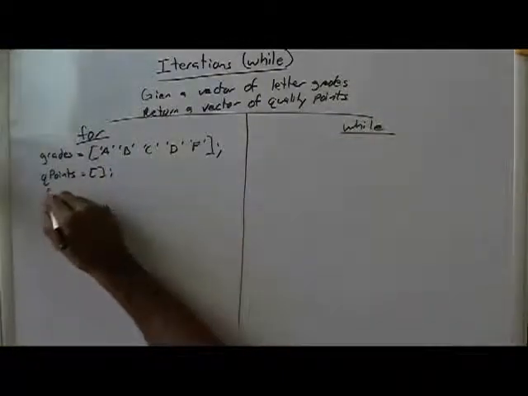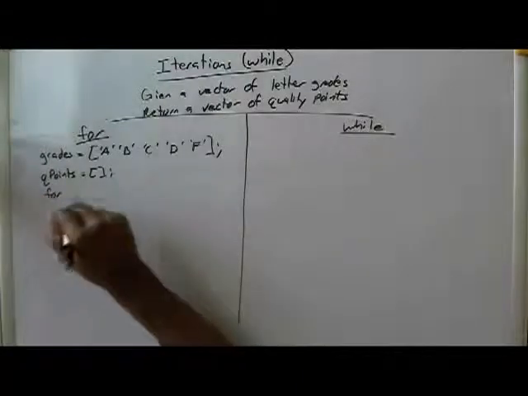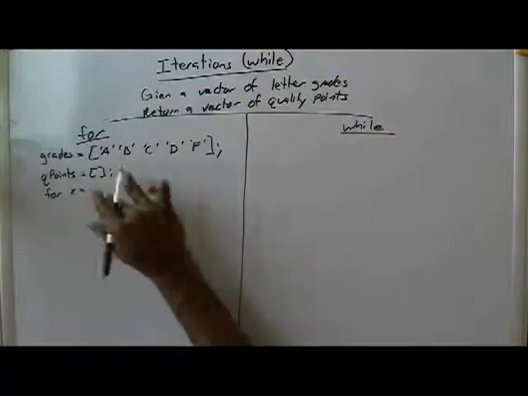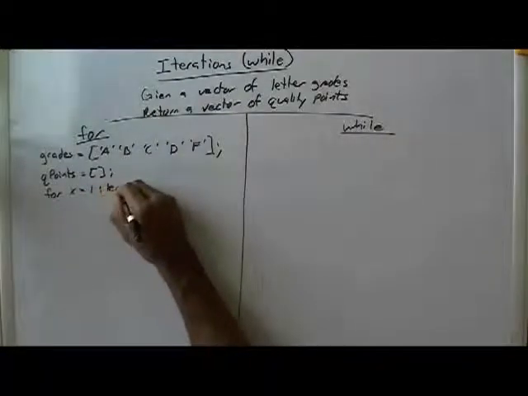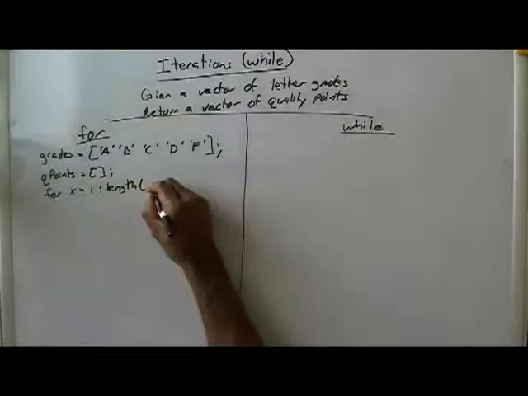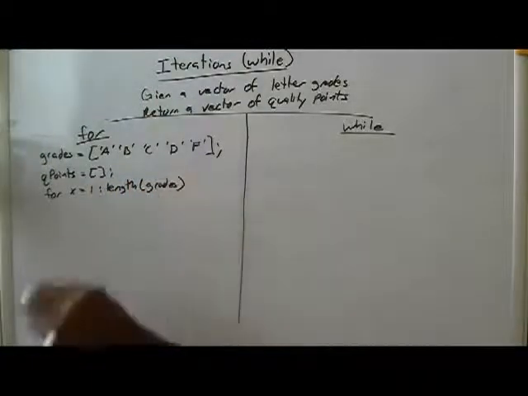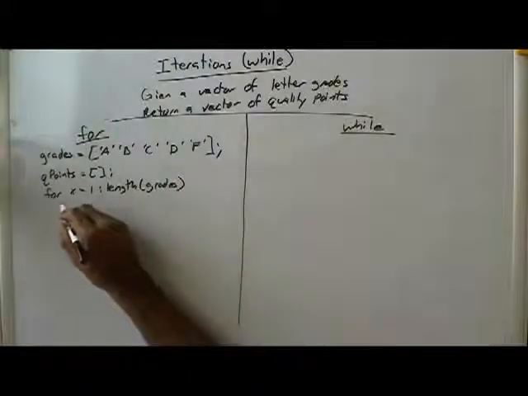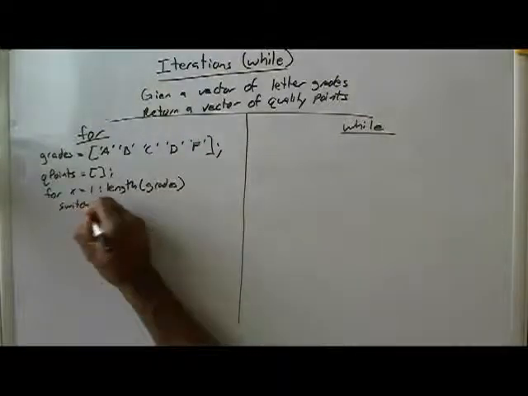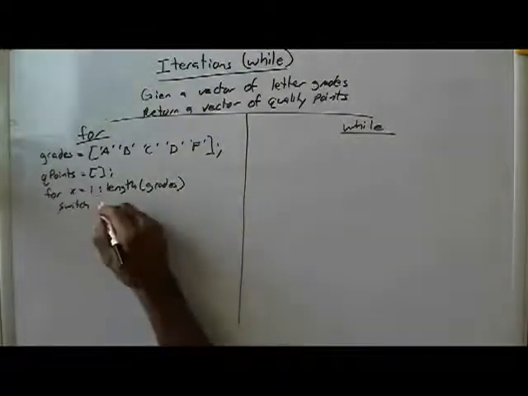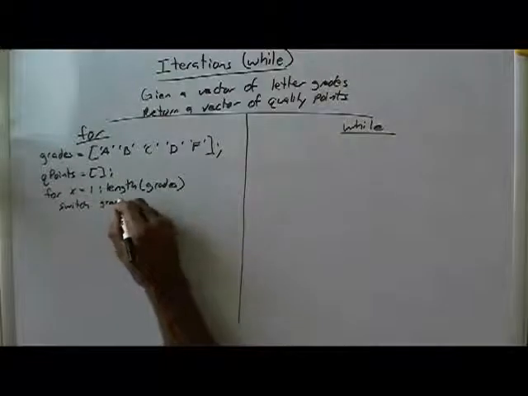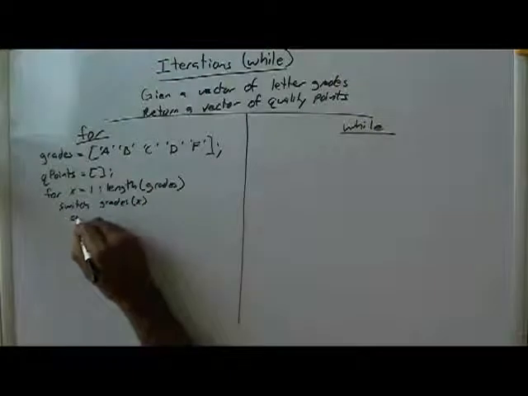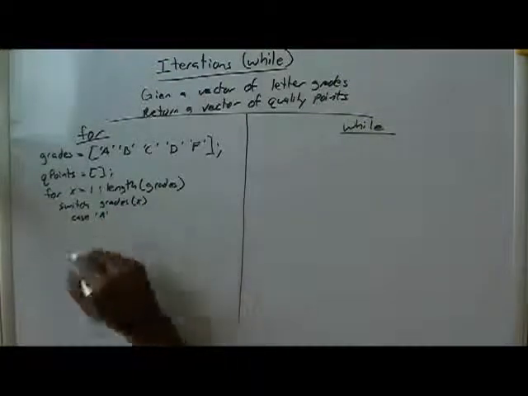I do my for loop, for x equals 1 to the length of grades, and then in this case we did a switch, and we're going to switch on grades indexed at x, using our indexing method or style. Case A.